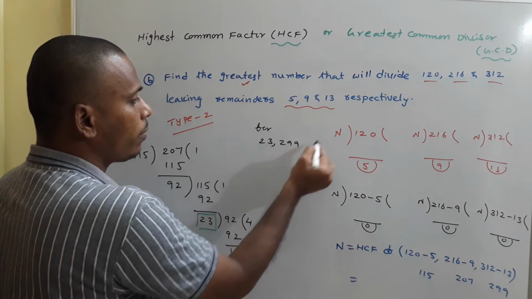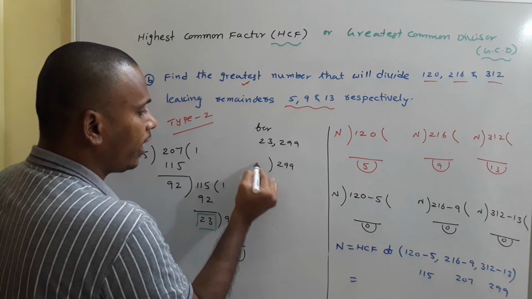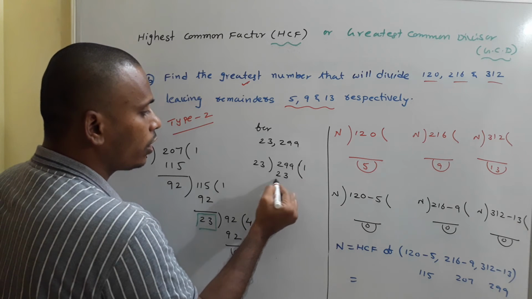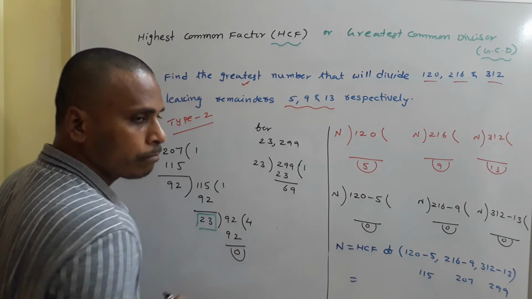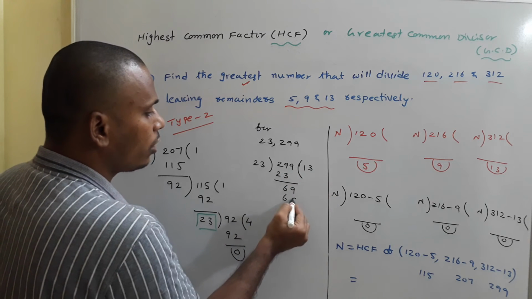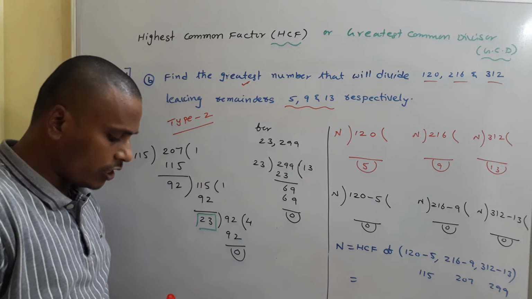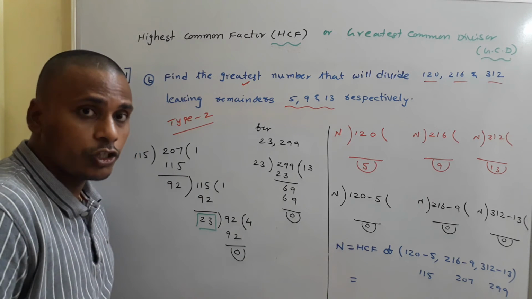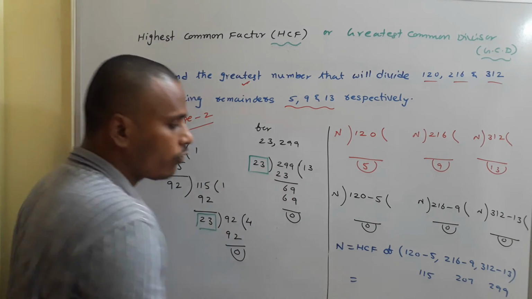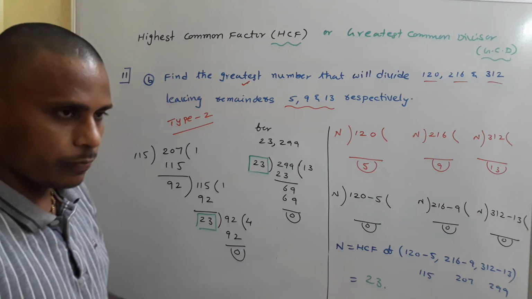For 23 and 299, we divide 299 by 23. 23 thirteens are 299, and you are left with remainder 0. So this 23 is the HCF. Finally, the HCF is 23 and your answer for the problem is 23.